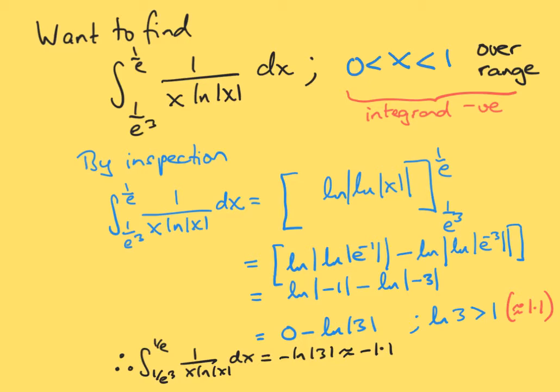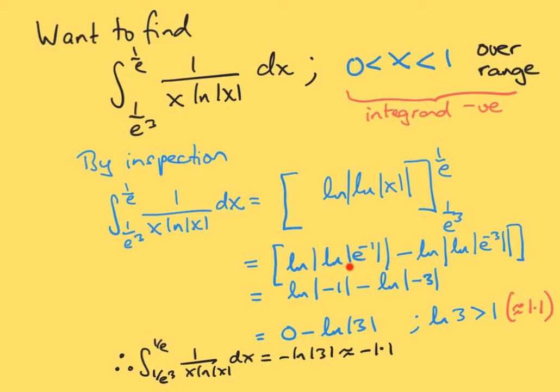At the upper limit, we have the logarithm of the logarithm of 1 over e, which is e to the minus 1. And again, I'm saying logarithm of e to the minus 1, but we have moduli here. And then we subtract the same thing, but now evaluated at x is equal to 1 over e cubed, which is e to the minus 3.